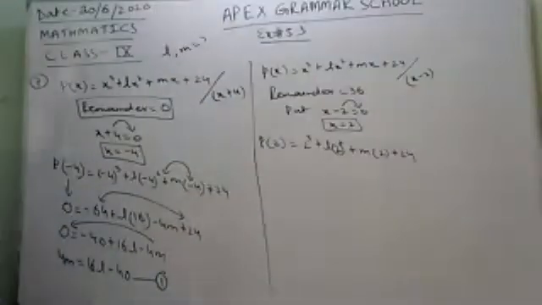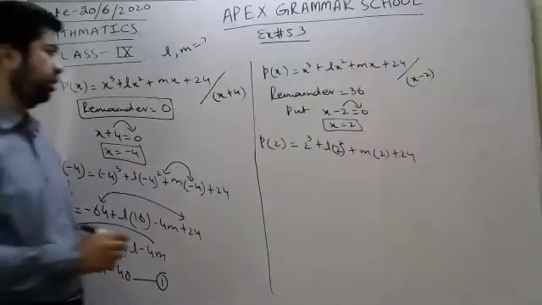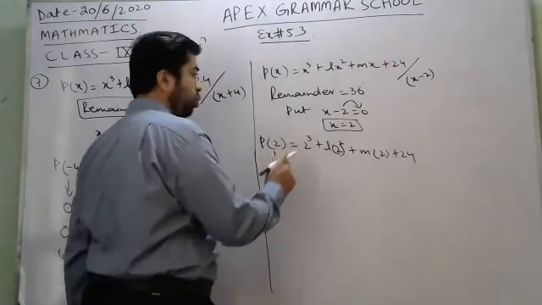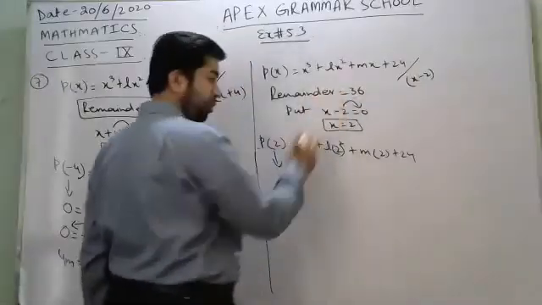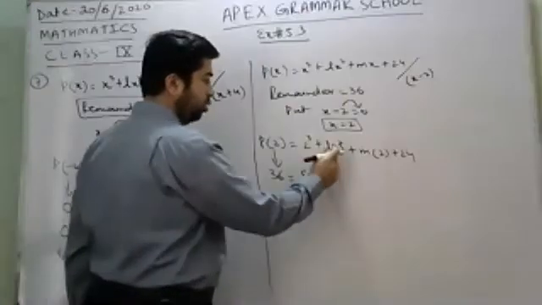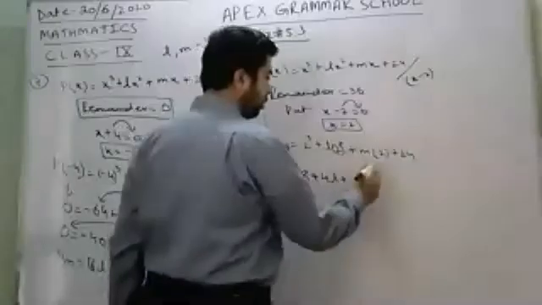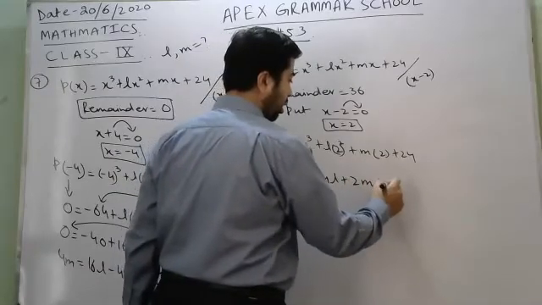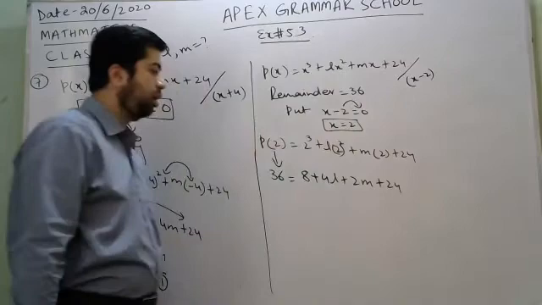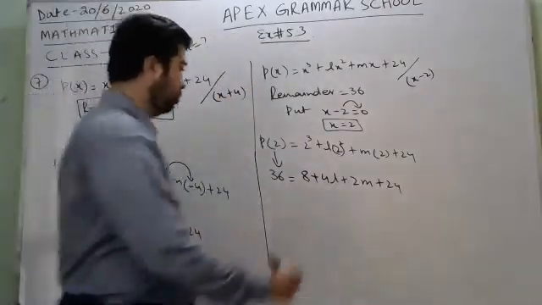Now you already know that it is not a factor, but it will lead you to the remainder. The remainder is 36, so instead of p of 2, I'm going to write this remainder 36. 2 cube is 8, plus 2 square is 4L, plus 2M plus 24. 8 plus 24 is 32.